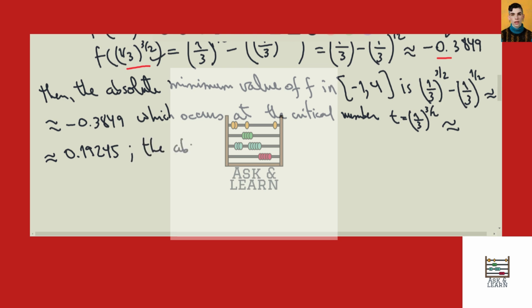And now the absolute maximum value of f in the interval -1, 4 is, now is the value I said before, the maximum 2.41.